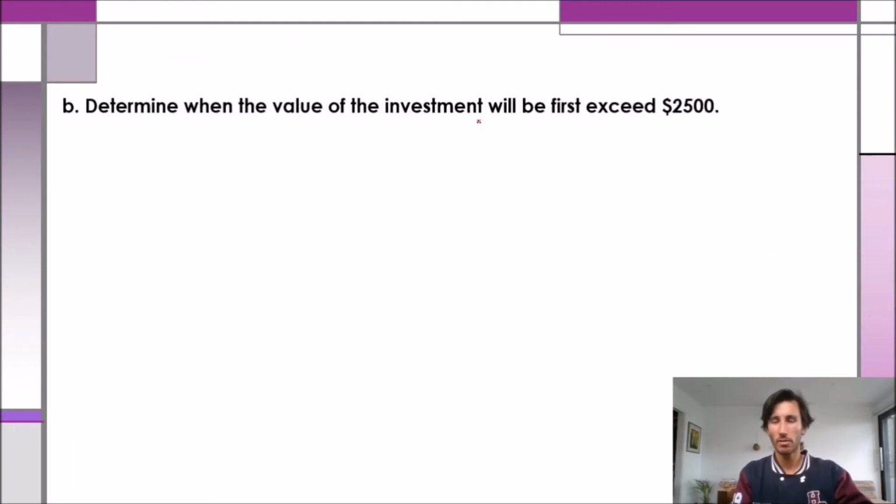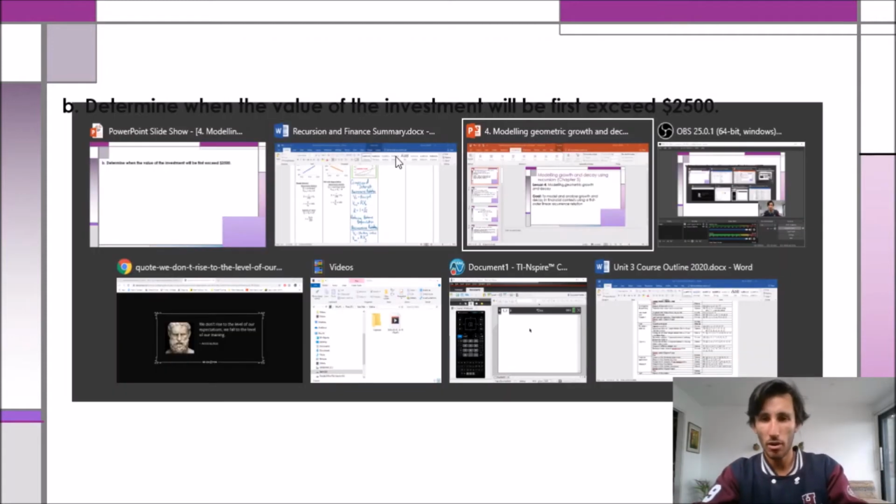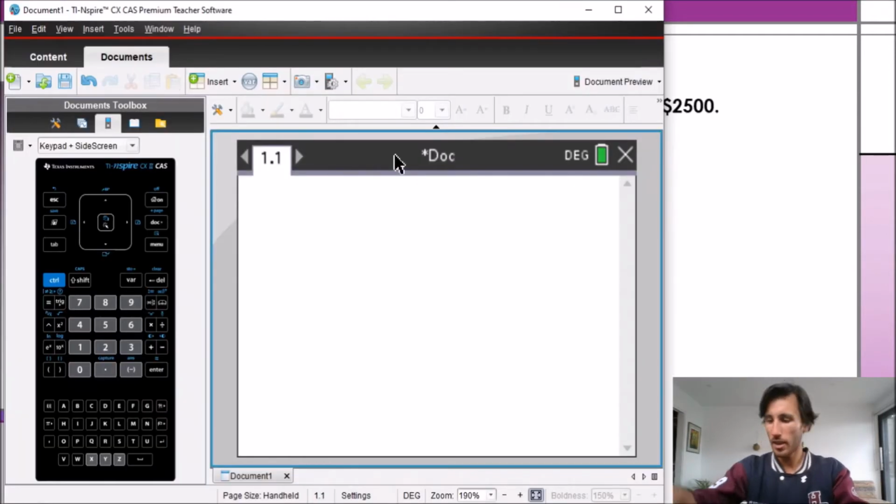Determine when the value of the investment will first exceed $2,500. Well, let's go to our CAS, and what do we do for this one?